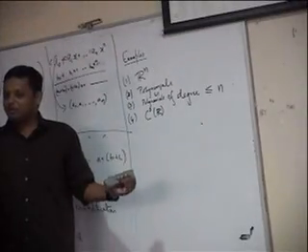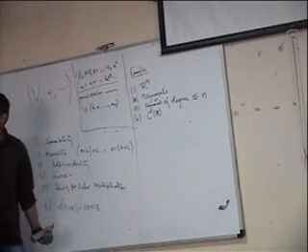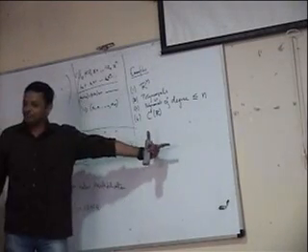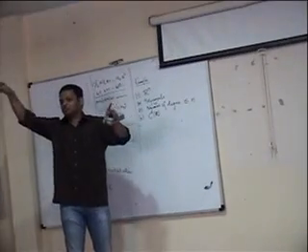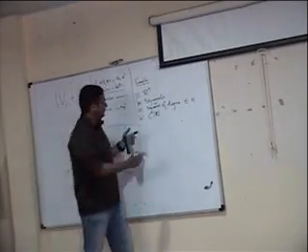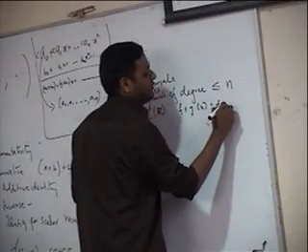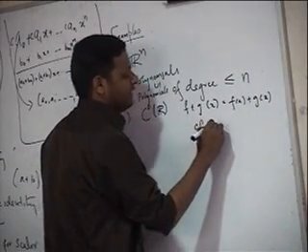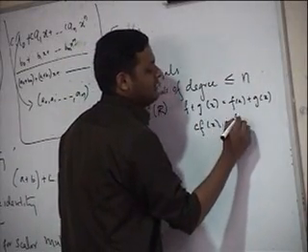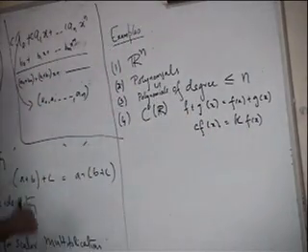Since all these properties hold for real numbers, such as commutativity, the same will hold for these functions. Because what you are doing is just adding f of x plus g of x at each point. That's what you are doing. Okay, so f plus g at x is equal to f of x plus g of x, and c f of x is equal to c times f of x. That is the addition and scalar multiplication.